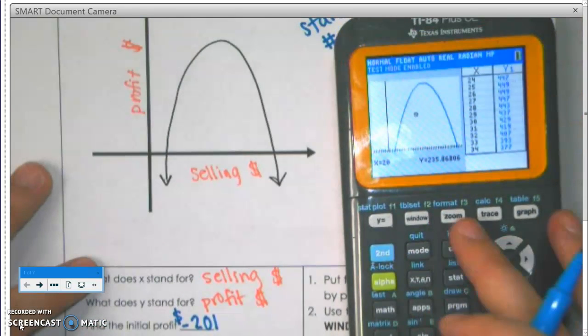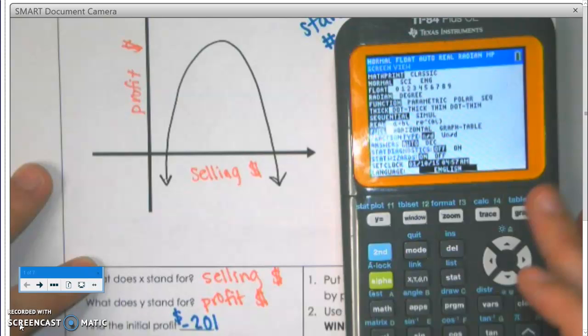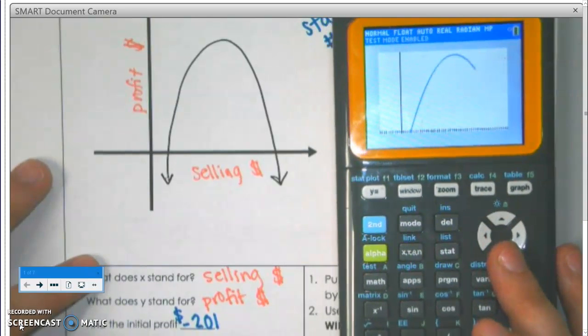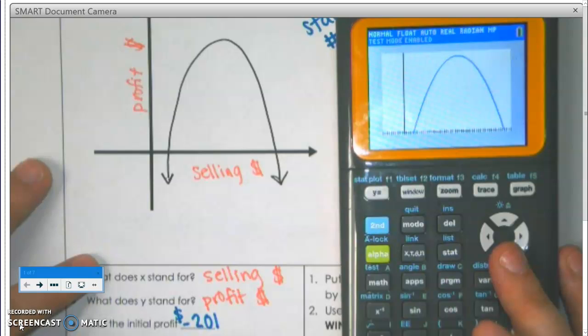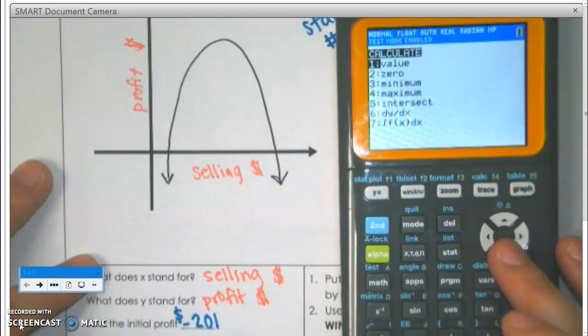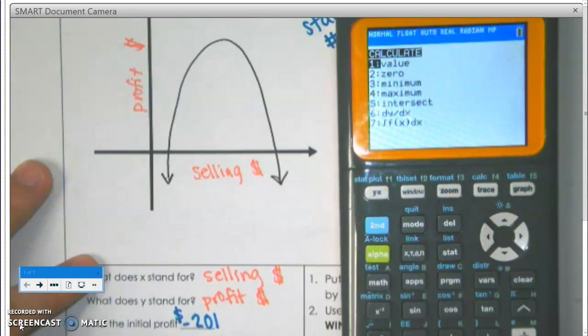So I'm going to hit mode now that I have my graph good, and I'm going to go back and hit full. So mode full, go back to the graph. And the maximum can be found when we do second trace. Second trace maximum. Oh, second trace maximum. Sorry, I picked the wrong one.